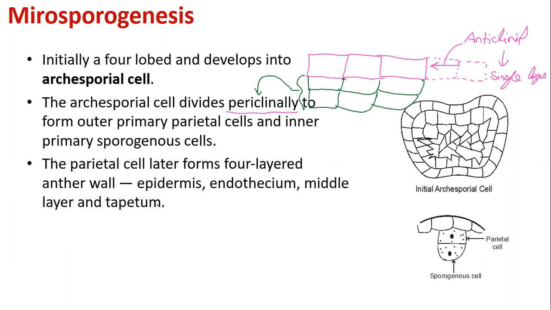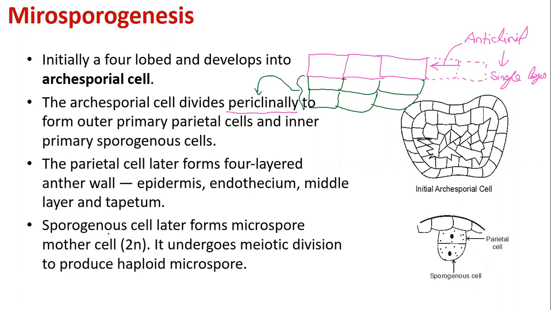That is the important thing. And the sporogenous cells form the microspore mother cell, which I told you is the starting point for the formation of the microspore. Perhaps we can say that microsporogenesis is going to start from the microspore mother cell.